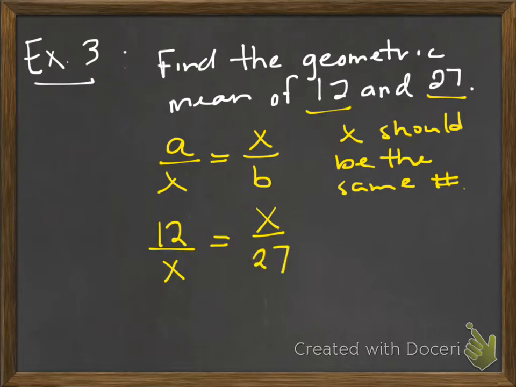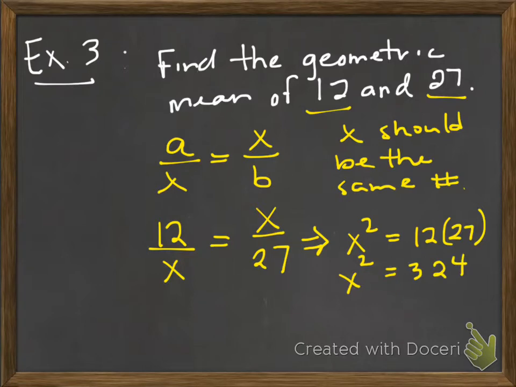And now as I go ahead and solve this out, it's going to give me x squared is equal to 12 times 27. If I continue to work this out, I have x squared is equal to 324. But now I want to solve for x. I don't want x squared. Okay, so if I go ahead and square root x squared, I end up with x.